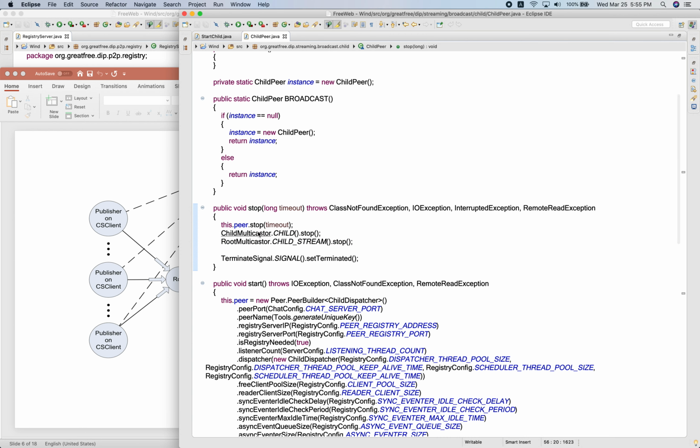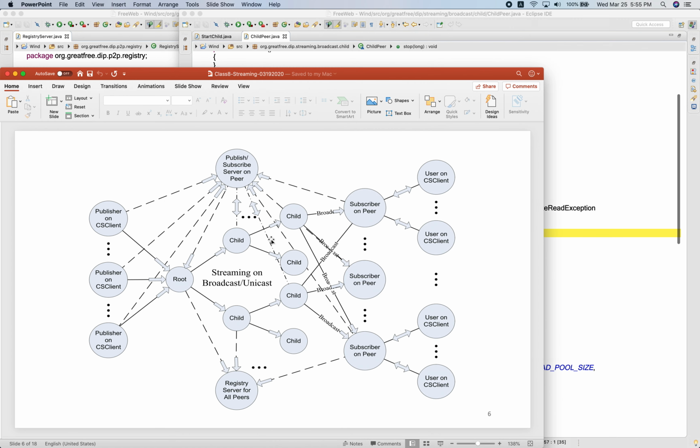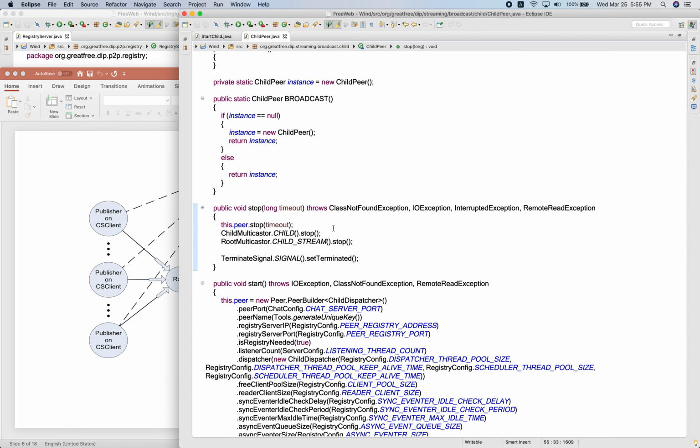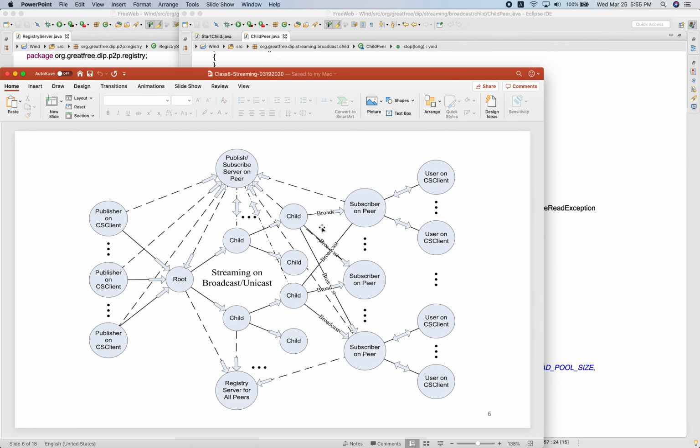This one is used for the multicasting framework, for this hierarchical structure. However, what about this one? This is the root, because it's the root.